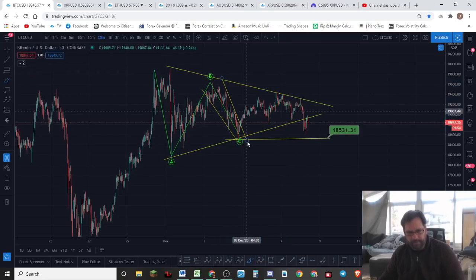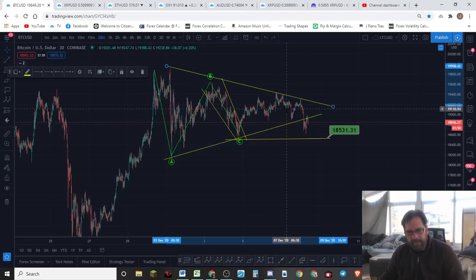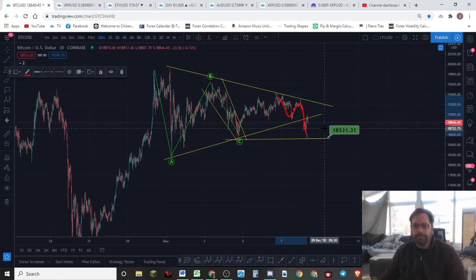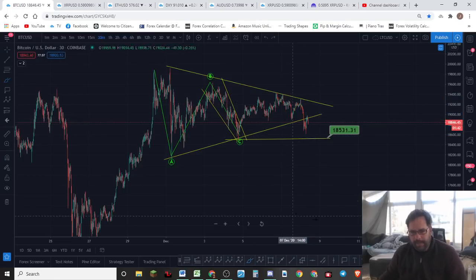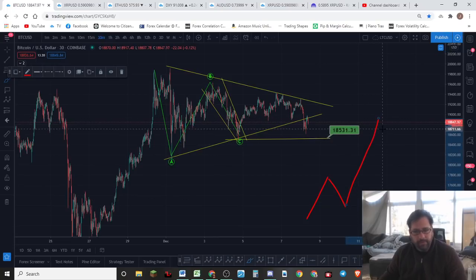It looks more like 5-wave structure. What we've gotten then is basically a 3-wave pullback. So what we mean by that is that when we get a 5-wave move to the upside, you get a 3-wave pullback. The next move, guys, is a 3rd wave to the upside.